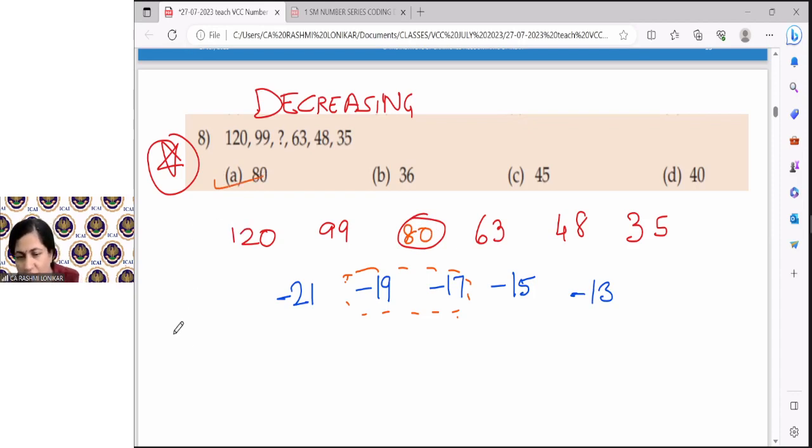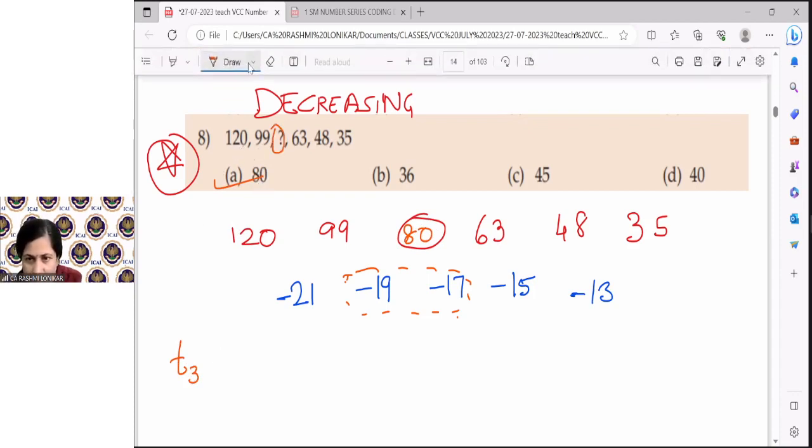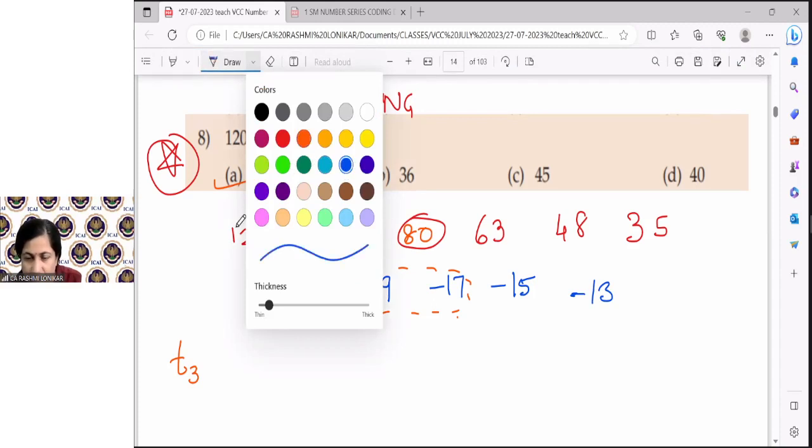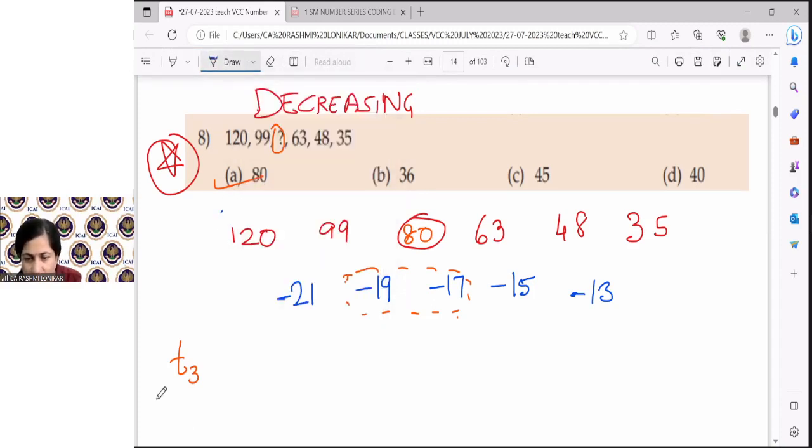Now let us try with T3 also, because this is the third term I want to find out. Let me see if I can solve it with the AP. What is Tn? A plus n minus 1 into D. What is A? A is 120. N is how much? Third. 1, 2, 3. I want to find 3 minus 1.